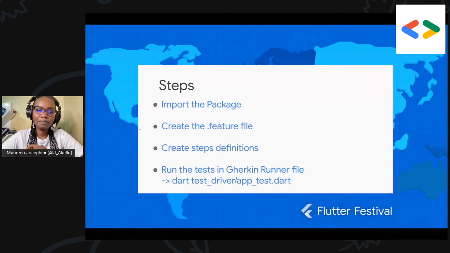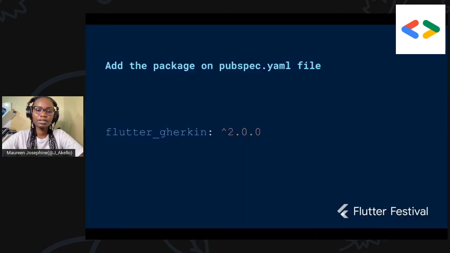After completing that, you run the test with the Gherkin runner file using this command. So I'm just going to show you how I've implemented this in my Flutter demo application that implements the Flutter Gherkin package.